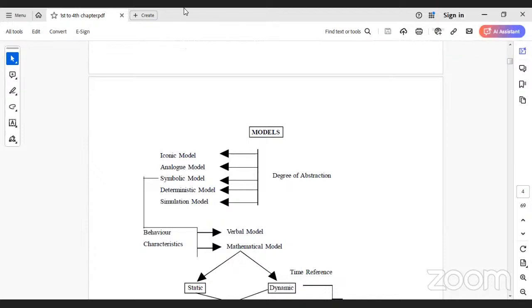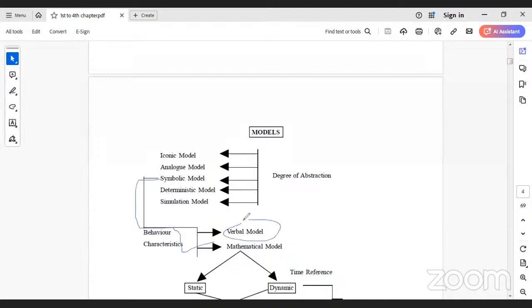Iconic model we are taking here. Analog model we are taking here. So by degree of abstraction: iconic model, analog model, symbolic model, deterministic model, and simulation model. Simulation model we use more in this context. In symbolic model, see here all of you, this is the behavior characteristics.